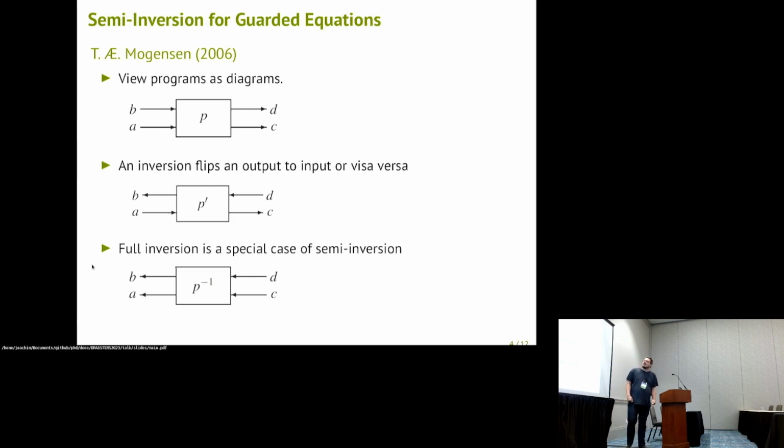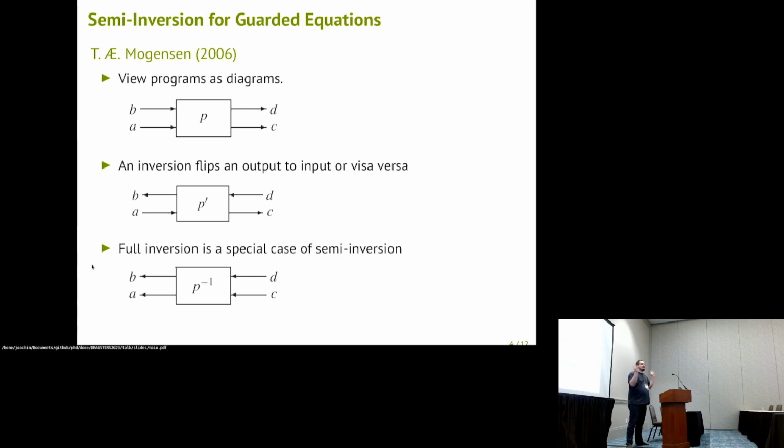If you only have product types, then you can draw very nice string diagrams, and you can pick the arrows that go into the program to be the inputs and the arrows that go out of the program to be the outputs. Flipping one arrow we call a semi-inversion. Say you take an output and make it an input.